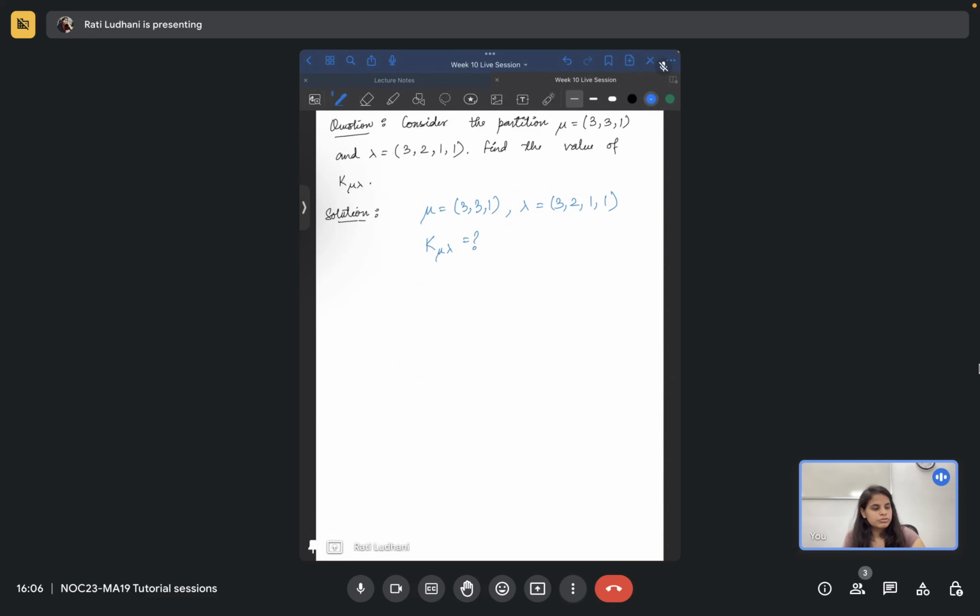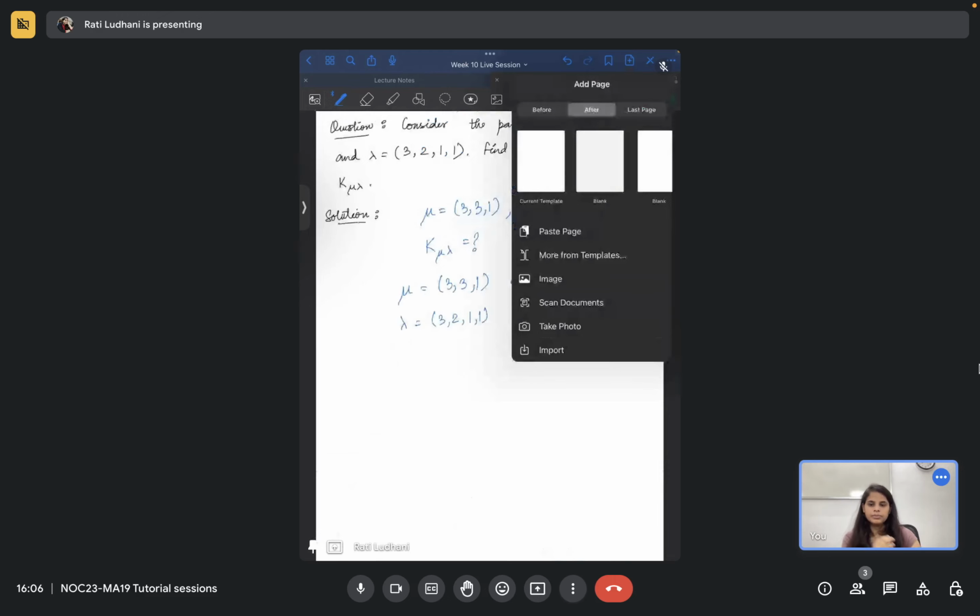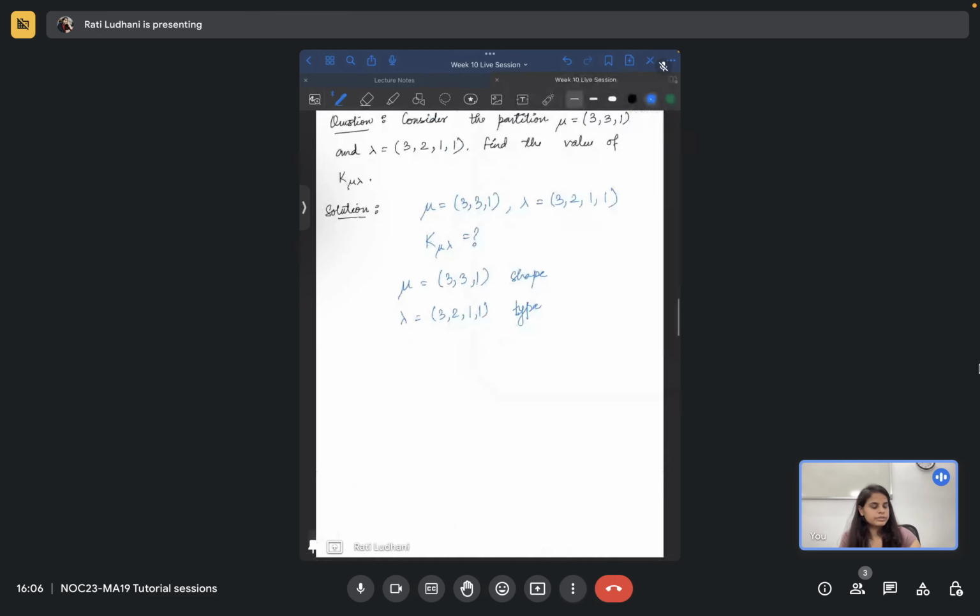So you have mu equal to (3, 3, 1), which will be your shape, and lambda is (3, 2, 1, 1), this is your type. Okay, now let's calculate that. Again, what we will consider is shape. You have (3, 3, 1), so the first row will have 3.